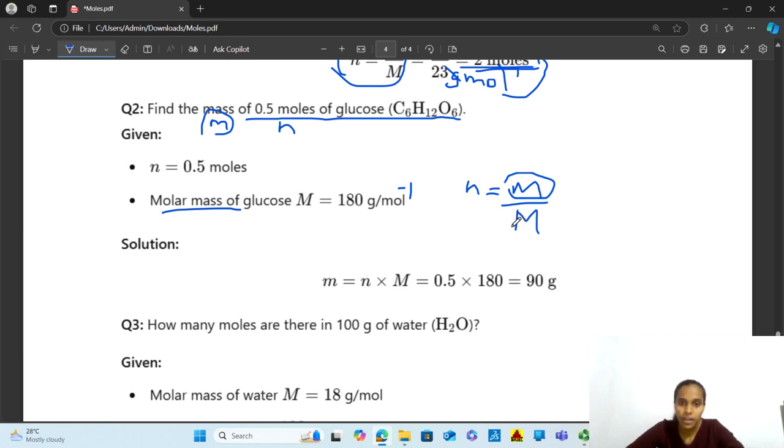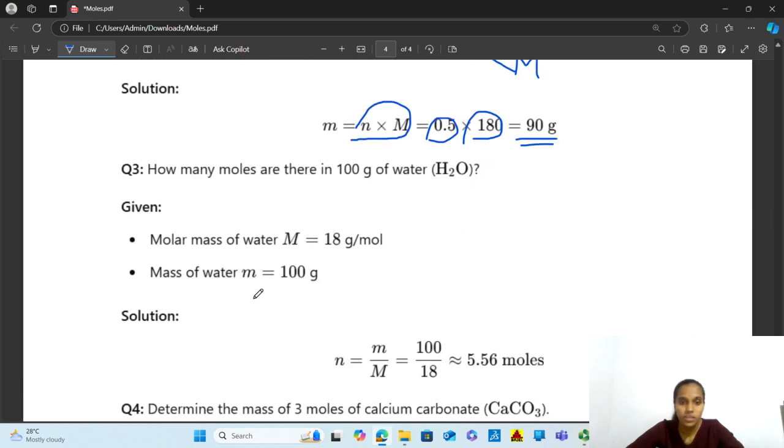We have to multiply n by capital M, so we get the equation like this. n equals 0.5 moles and M equals 180 grams per mole. Finally you will get the answer as 90 grams. So there are 90 grams of glucose in 0.5 moles of glucose.